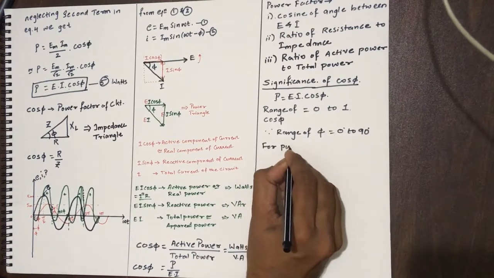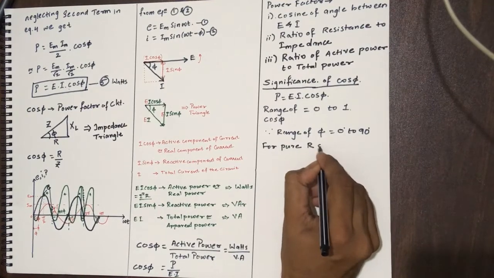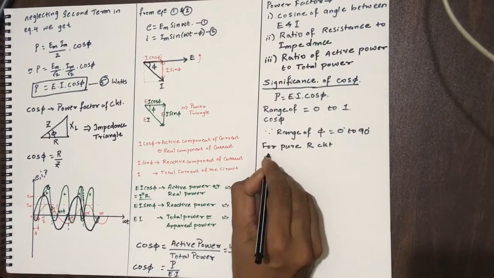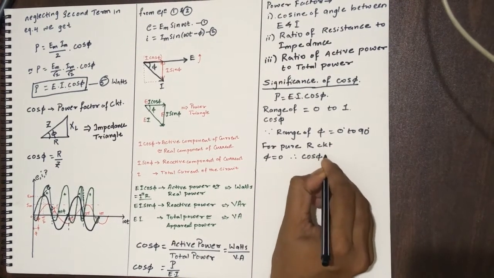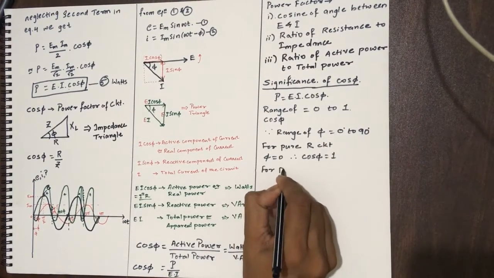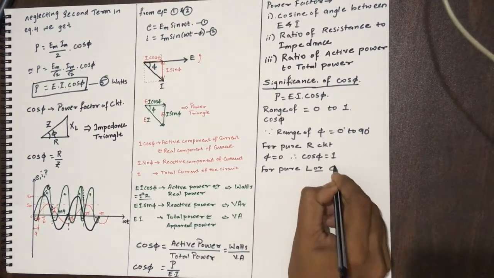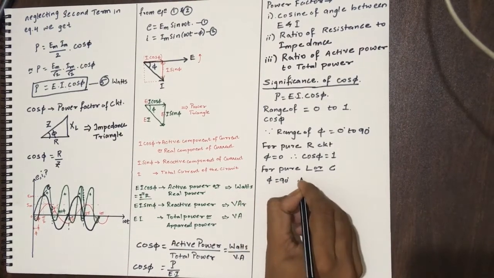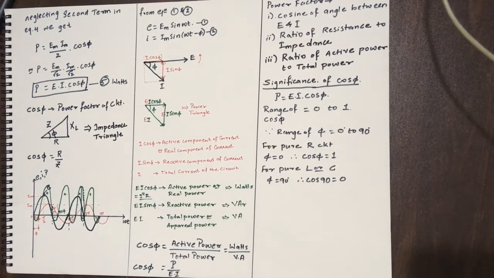For pure R circuit, phi is equal to 0. Therefore, cos phi is equal to 1. And for pure L or C, phi is equal to 90 degrees. Therefore, cos of 90 is equal to 0.